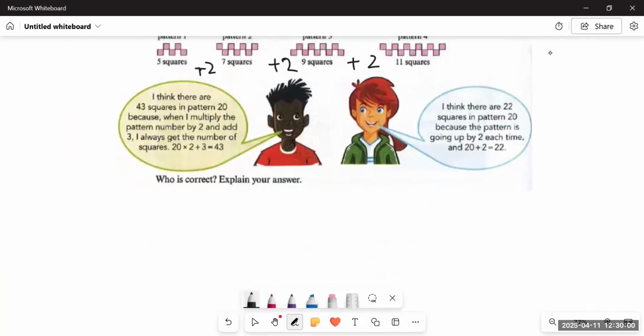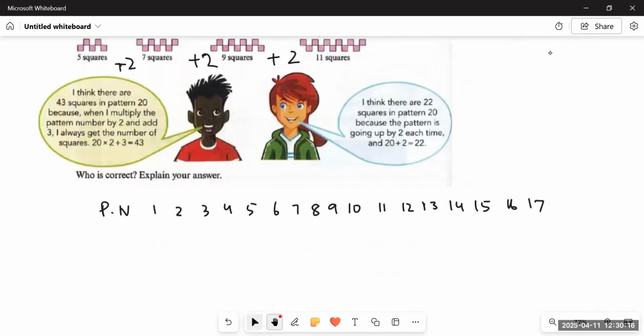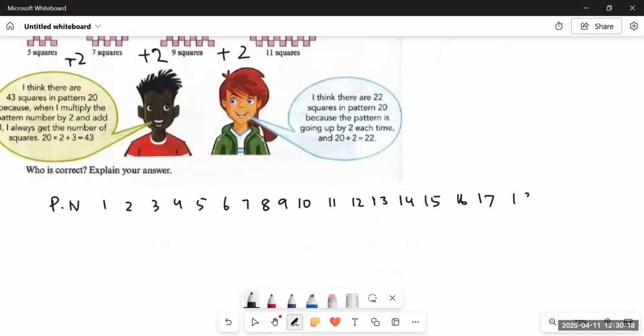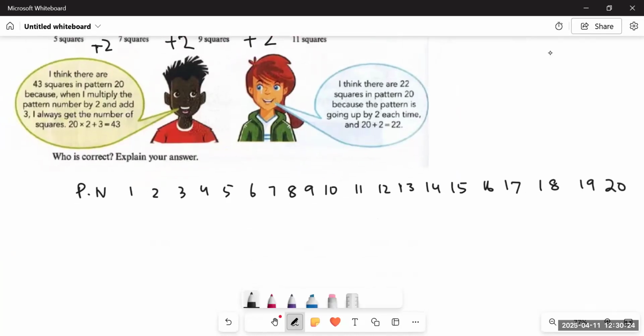If you make a table, so for pattern number 1, 2, 3, 4, 5, 6, 7, 8, 9, 10, 11, 12, 13, 14, 15, 16, 17, 18, 19, 20. Now let's check whose answer is correct.